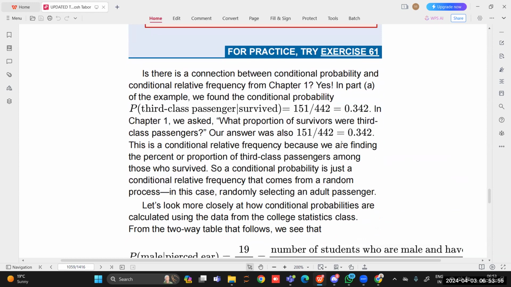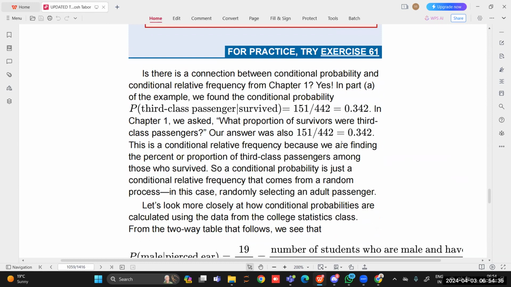Is there a connection between conditional probability and conditional relative frequency from chapter 1? Wherever we have learned probability, we have learned percentage. Relative frequency, we'll write it in percentage. In part A of the example we found the conditional probability 151 upon 442, which is 0.342.